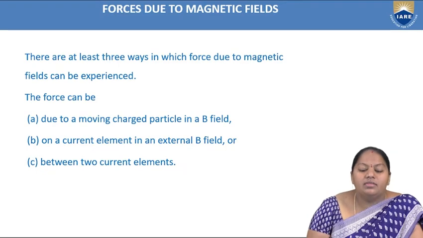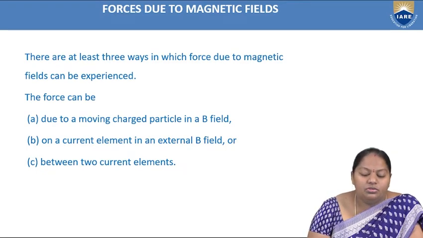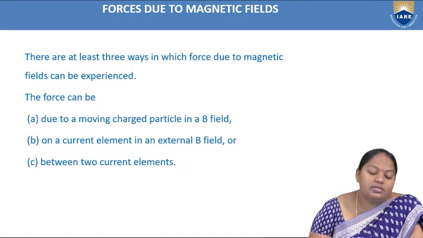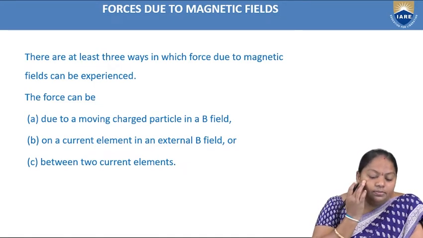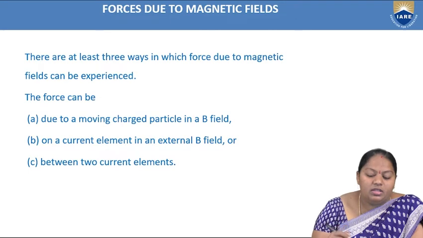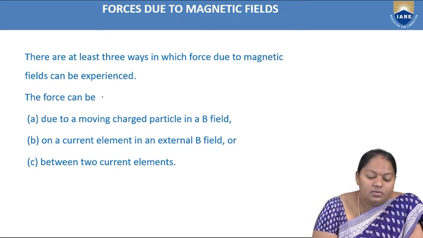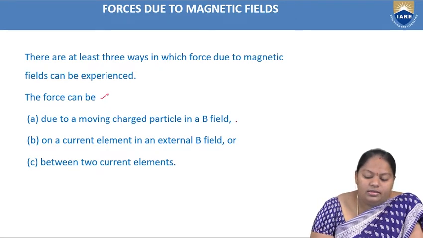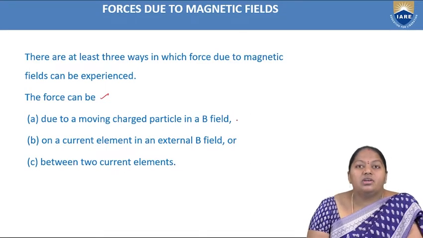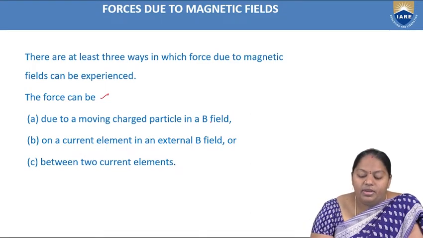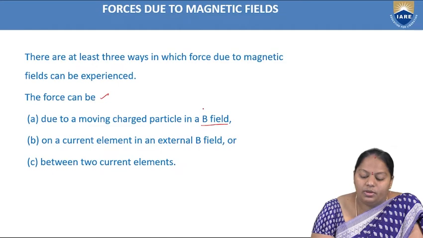There are at least three ways in which forces due to magnetic fields can exist or be experienced. In order to learn magnetic forces, there are three cases. The first is the force due to a moving charged particle in a B field. B field is said to be the magnetic field.